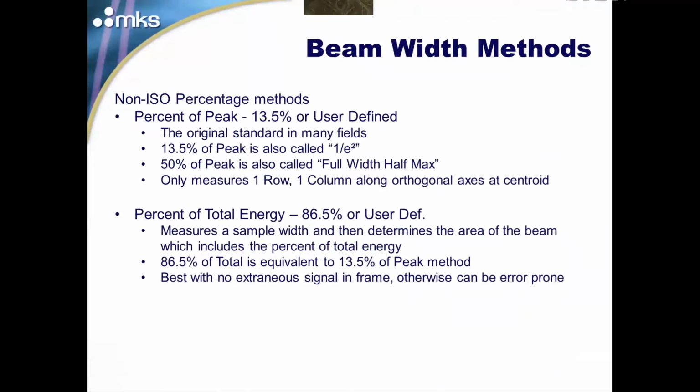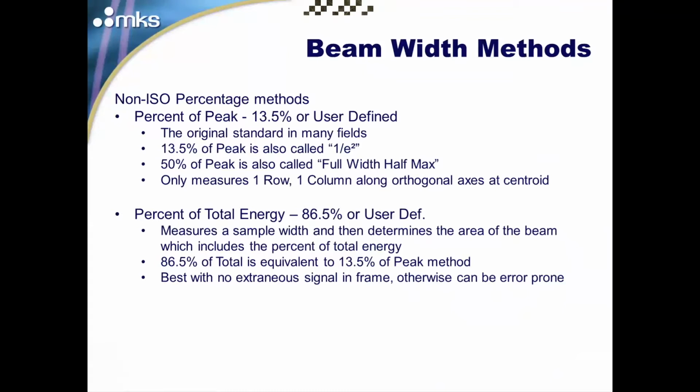We don't have it listed separately because it's just a modification of that clip level. So if you're looking for full width half max, it is in the product, and you just have to set that clip level. And percent of peak only measures data down a row and a column along orthogonal axes.